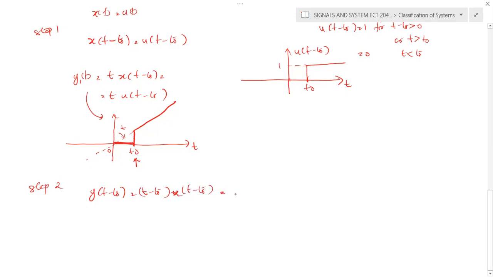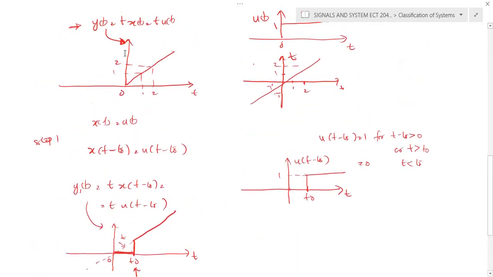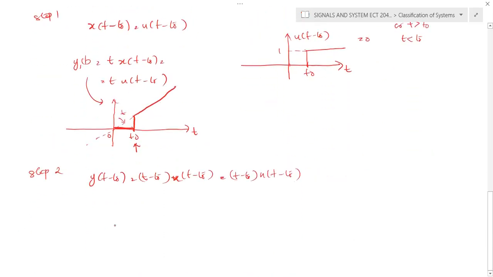In place of x, you can substitute u. It becomes t minus t0 into u of t minus t0. It's simply the shifted version of this particular signal. So you will get a signal which is entirely shifted from t0 onwards. So this is the signal t minus t0 into u of t minus t0.